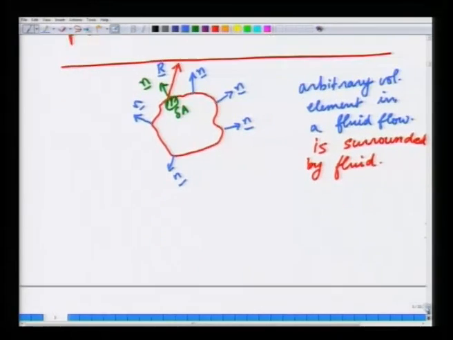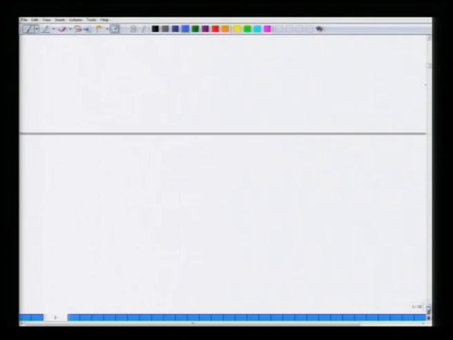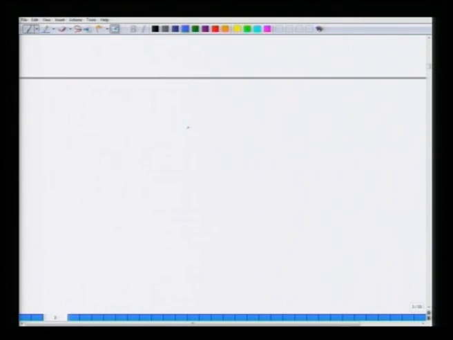So, let me just illustrate this again separately. You take any surface on a volume element, take a point P on the surface of a volume element, and the surface has a unit outward normal n, and the surface force that is exerted by the fluid surrounding this area on this surface can in general point in any direction. Okay. So, that force is denoted by R.